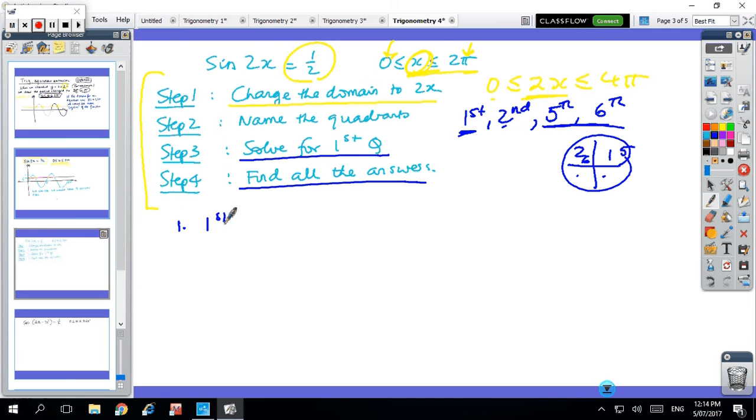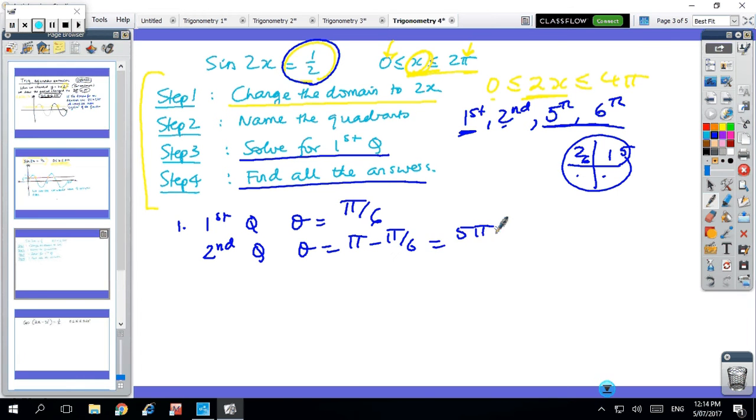So in the first quadrant, theta, so again we're looking at that half again, so it's going to be pi on 6. In the second quadrant, theta will be pi minus pi on 6, which is 5 pi on 6. Now, in actual fact, what we should have is not theta, because the function is 2x, it's 2x. And then in the fifth quadrant, it's going to be 2x.